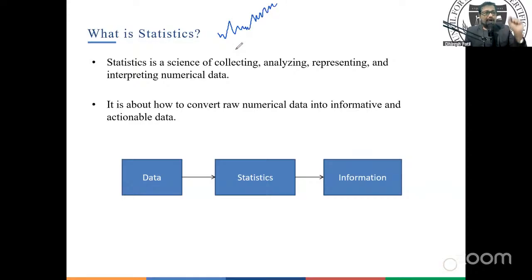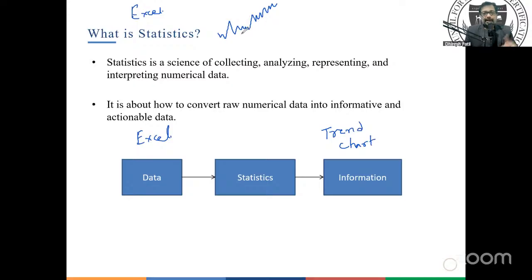Earlier there was an Excel sheet. It was data. So what we have done, by using some graphical tools of statistics, we convert that into a trend chart. That is now information.